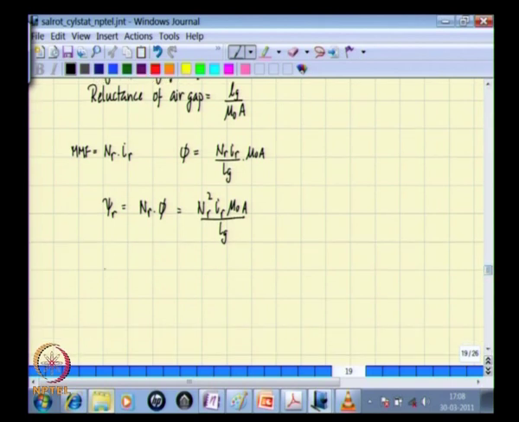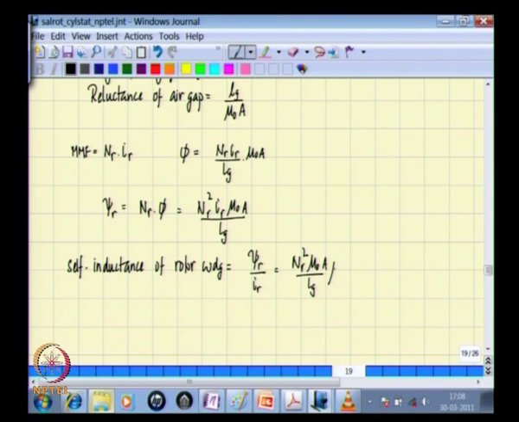And the inductance, in this case the self inductance of the rotor winding, is nothing but psi r divided by Ir, which is then given as Nr square mu naught into A by Lg.